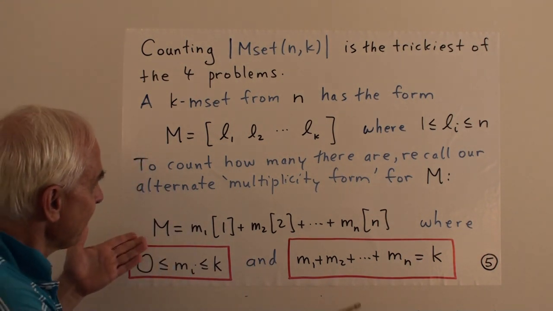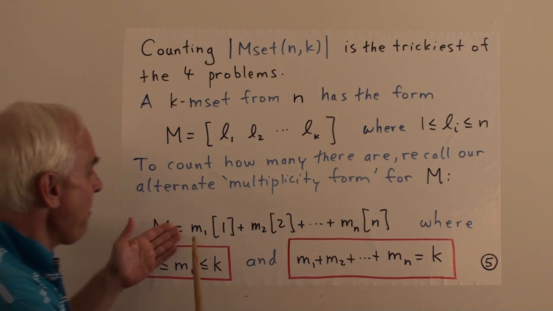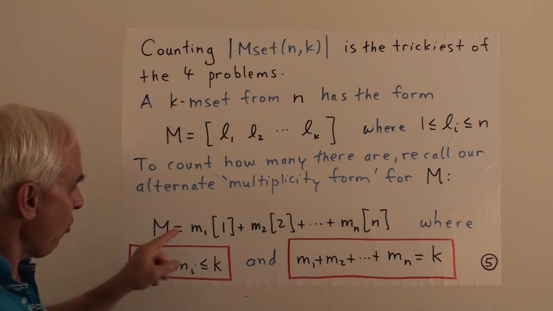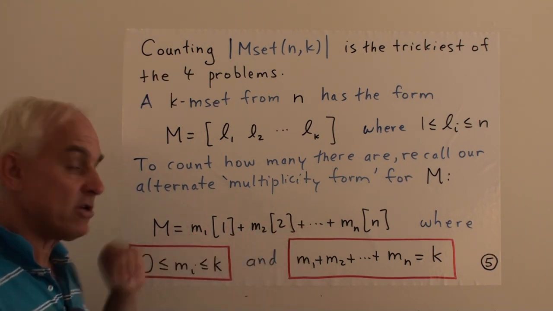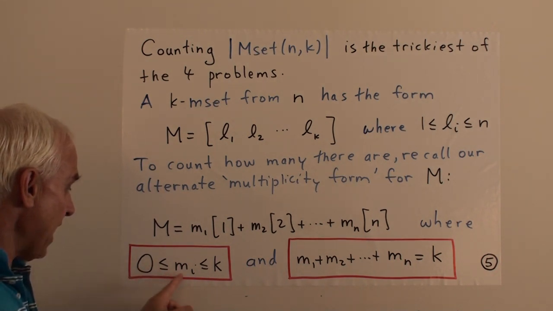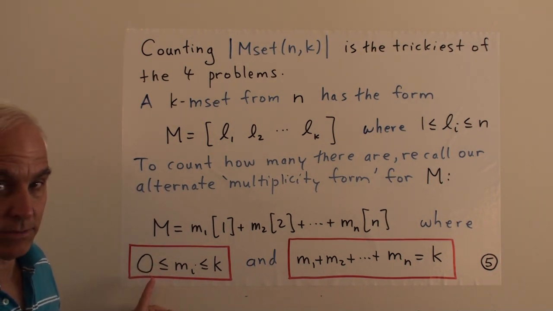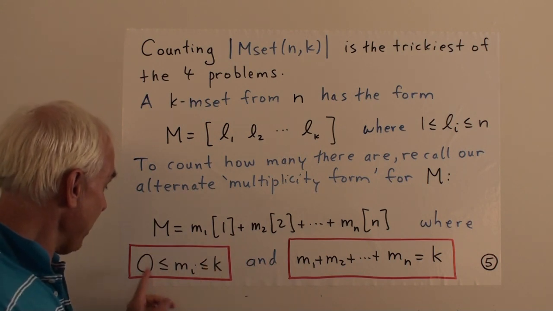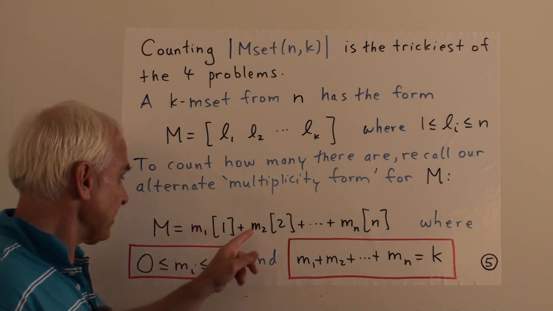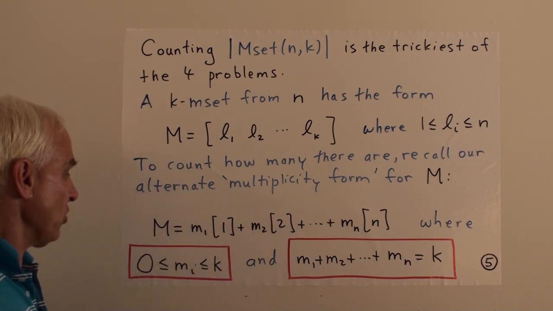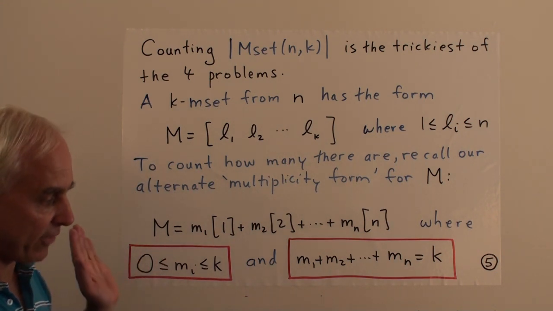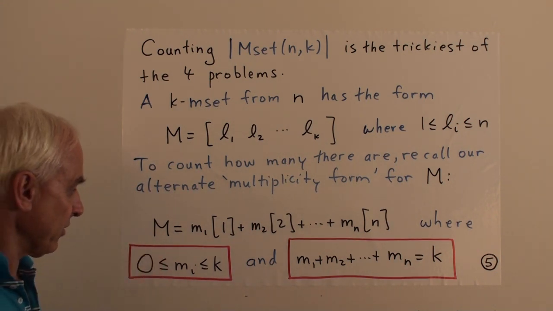So another way of asking the question is, how many such expressions are there where, what do we know about the m's? Well, the m's are multiplicities. So they have to be natural numbers or possibly 0. It's very important to remember that 0 is allowed as a multiplicity. It's not necessarily the case that all of these are going to appear, and generally they don't. Okay? So the multiplicities mi are all non-negative. When I say that, I mean greater than or equal to 0.